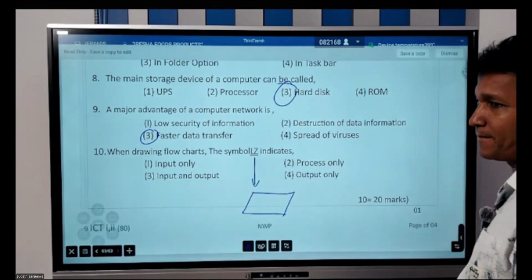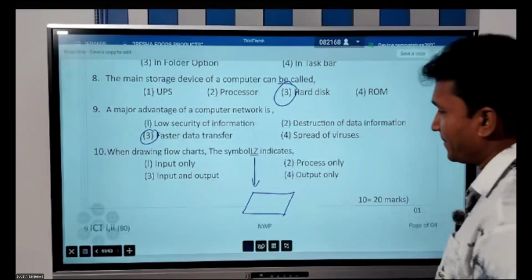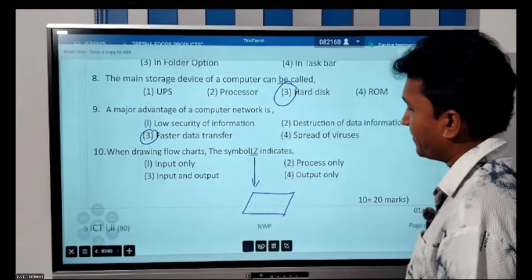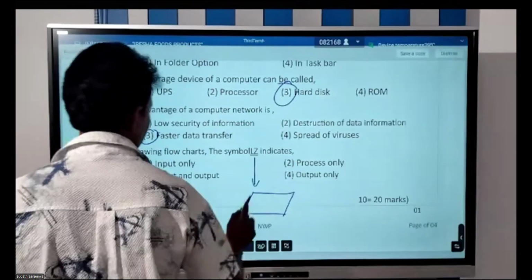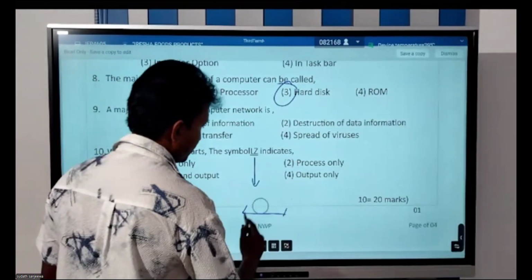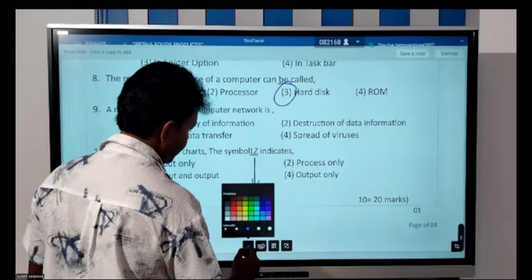The inputs and the outputs. Yes, inputs and outputs. We can draw the symbol like this for input and output. This is the symbol.